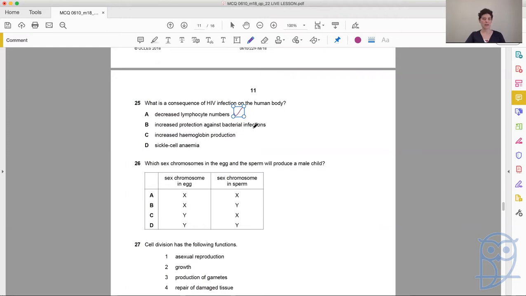Increased protection against bacterial infections, absolutely not. We have decreased protection. Increased hemoglobin production. No, HIV is not affecting our red blood cells and our hemoglobin. Sickle cell anemia, nope, that's a genetic disease. So we have confirmed that A, decreased lymphocyte numbers, is the answer that we're looking for.